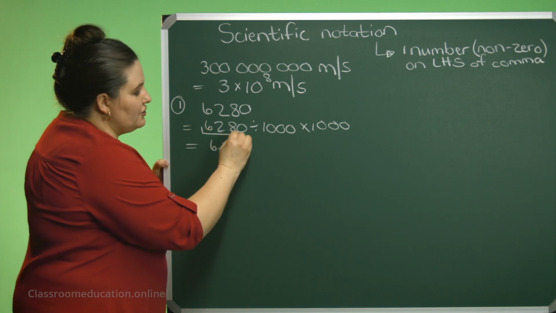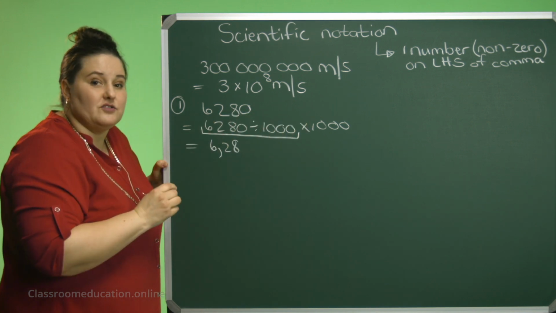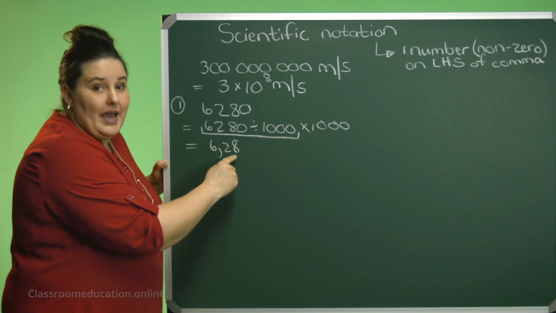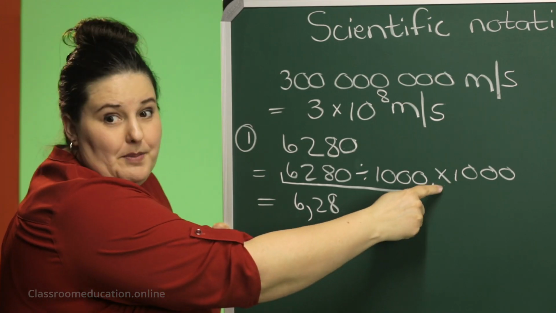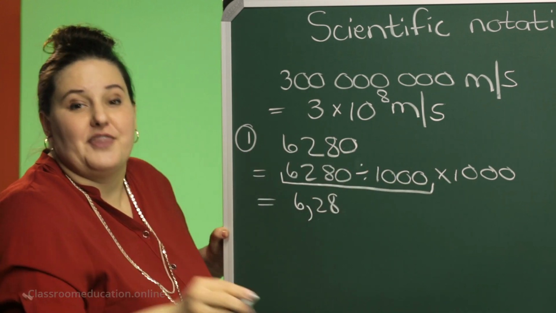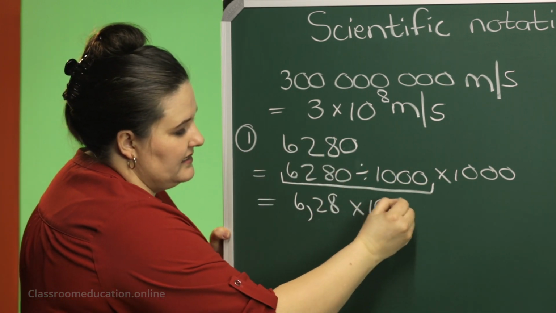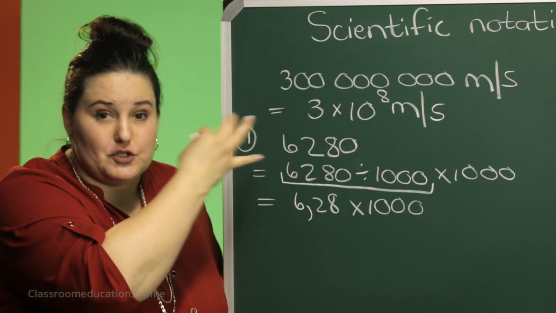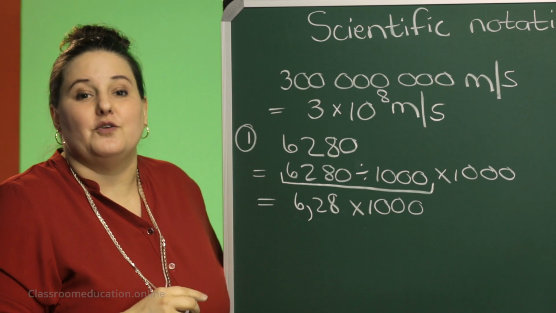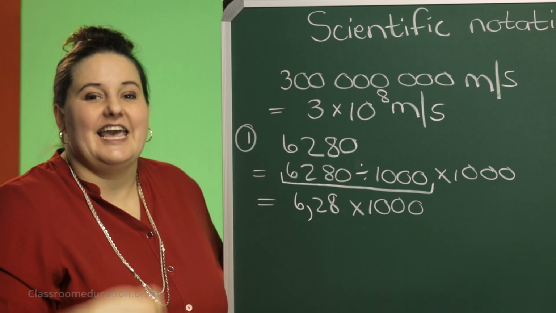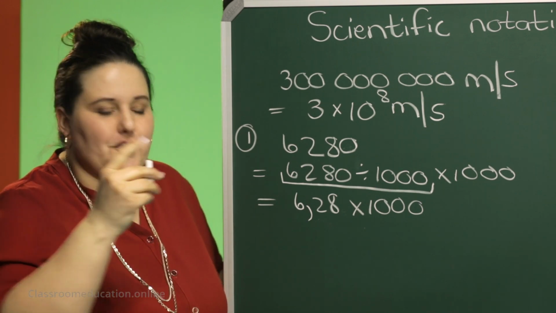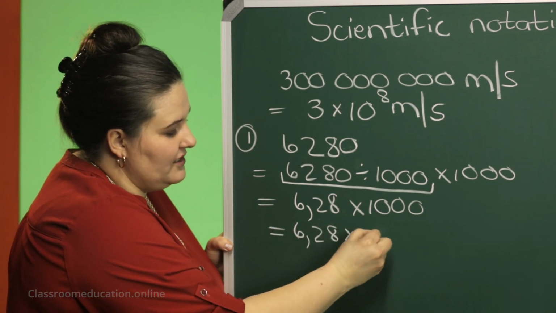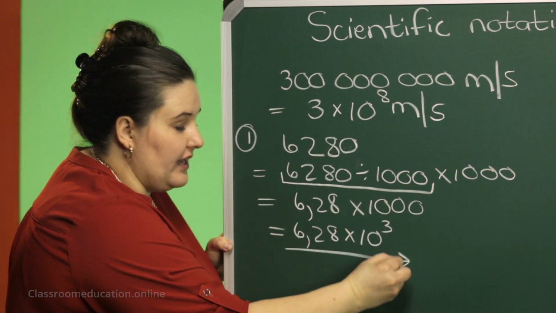This 6,280 divided by 1,000 is now becoming 6,28. And then what's remaining? The times 1,000. And now because this is part of exponents, 1,000 we can write as 10 to the power of 3. So it's 6,28 times 10 to the power of 3.